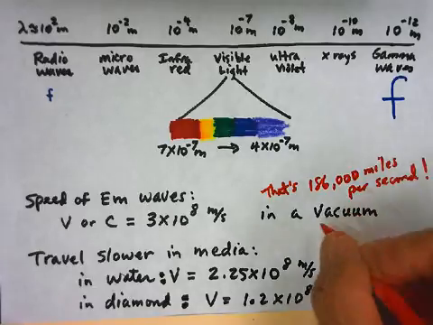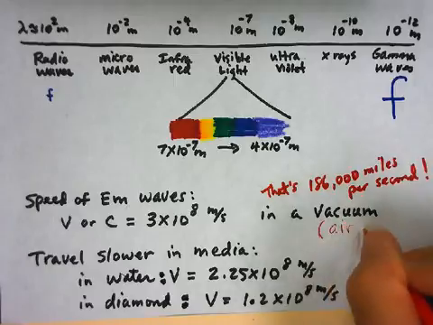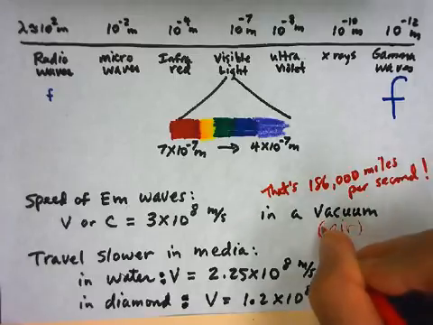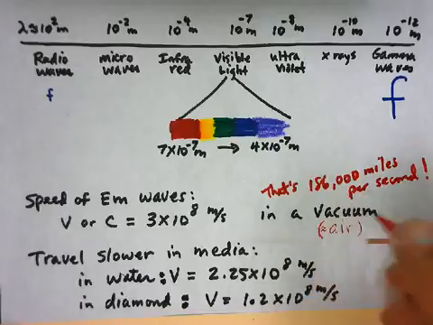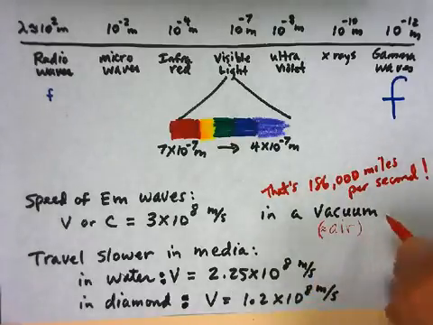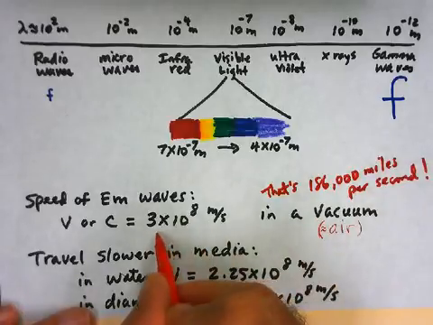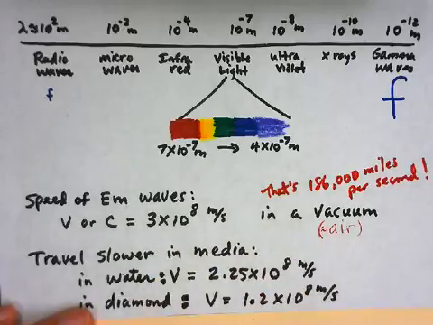You might ask about air. Air doesn't slow electromagnetic waves down very much, so for our purposes we can treat anything traveling through air as having an electromagnetic wave speed of 3 times 10 to the 8th meters per second.